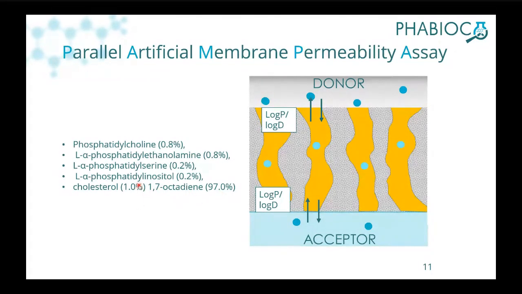This is the original recipe, with different types of phospholipids and cholesterol, and this combination should somehow resemble the lipophilicity of the epithelium cells, the endothelium and the mucosal cells. So in this case, the drug molecules, represented by these blue dots, permeate through the barrier mostly according to the partition or distribution properties.